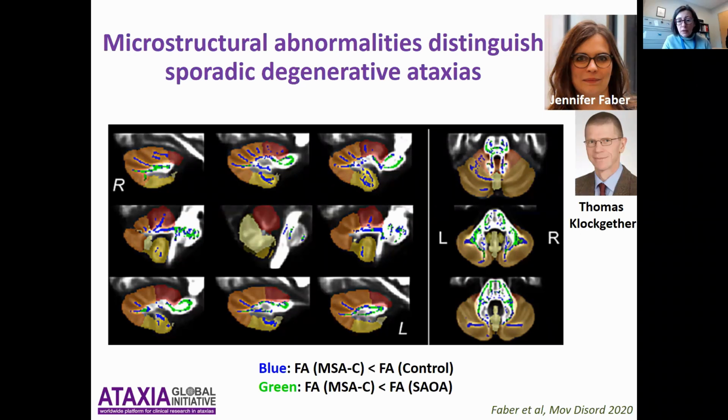So here, what they are showing is that the microstructural abnormalities can actually very nicely distinguish MSA-C from sporadic adult-onset ataxia, which has a milder course. All the green regions that are highlighted in these images in the cerebellar white matter, as well as the pons, statistically significantly distinguish these two groups, which in the future may help with this diagnosis.